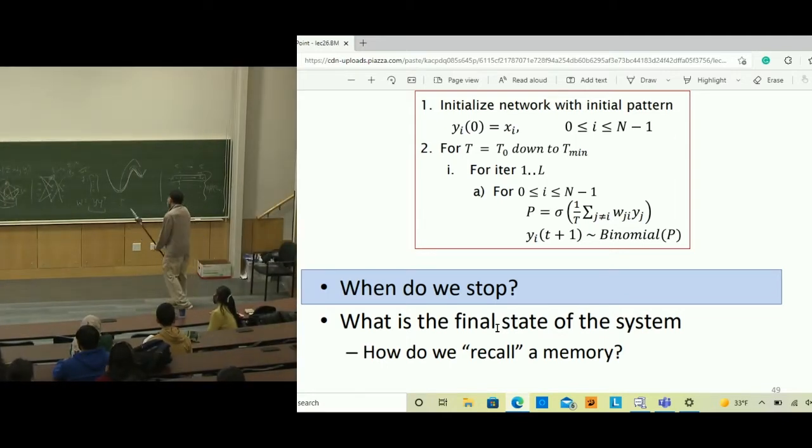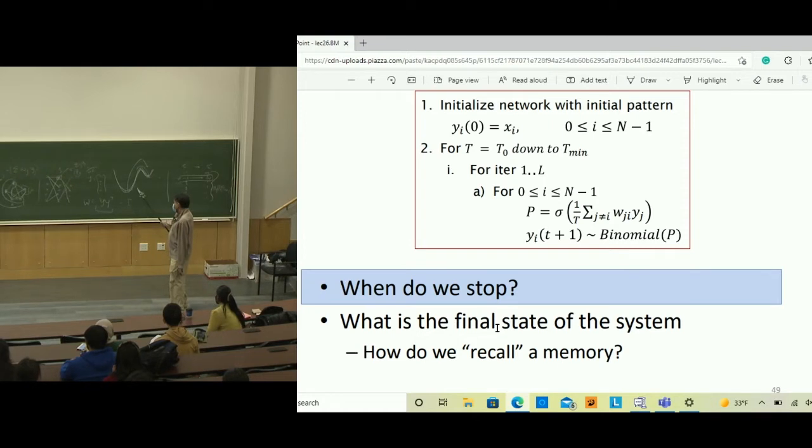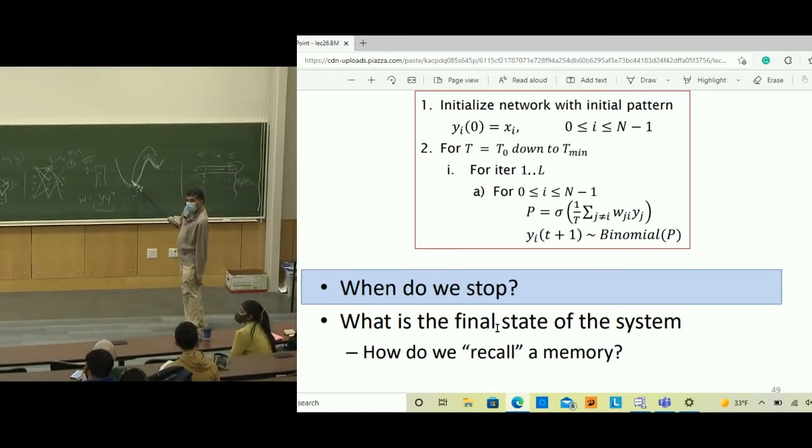Then that's going to go over the hump and it's going to end up in a different state. So you start off with a high temperature and let it cool, and the hope is that when you do that, the system will actually end up in a configuration like this one, where if you drop it and you give it an energy jolt, it's going to come back to exactly the same state.